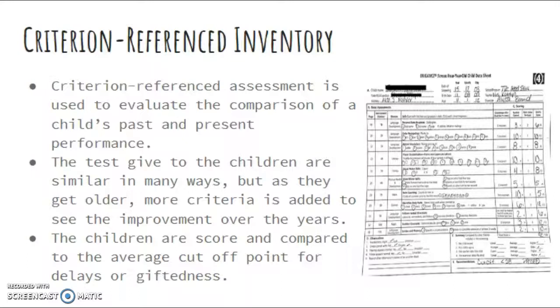This form of assessment is very accurate. After finding the results, educators then have an interview with the families of the child. They discuss the performance of the child, whether they are delayed or gifted. These results are only shared with the family and the teachers included in this assessment.